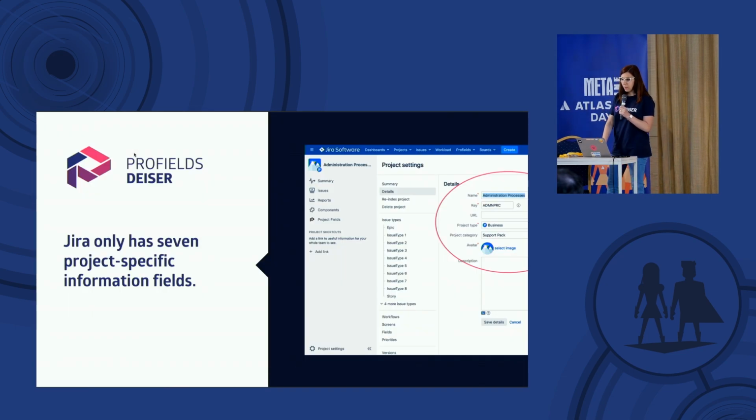First of all, Profiles is about projects, and Jira as well is about projects, but especially issues. But what happens when you need more information? Because with Jira, you only have seven fields for your project. So what happens if you need, I don't know, to know your Scrum Master or the due date of this project?